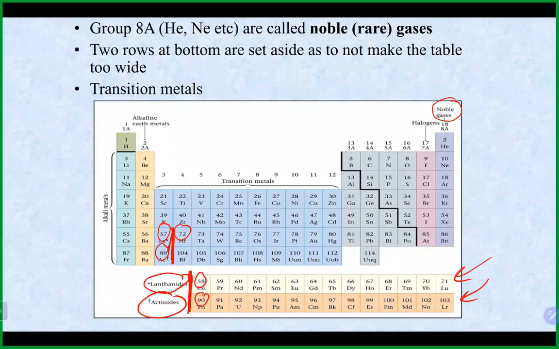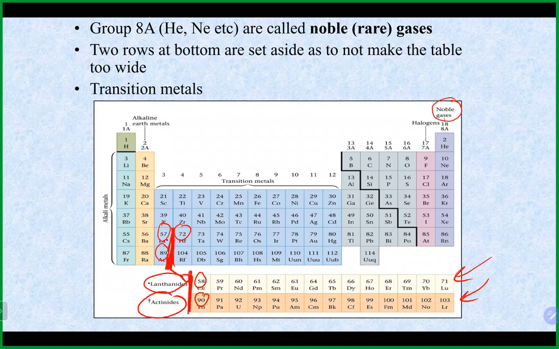So these two rows technically should go right there between those two elements. They typically don't do it because it makes your periodic table much too wide. So they put it at the bottom. That's where you find a lot of radioactive elements and a lot of man-made elements, on those two bottom rows. They're called the lanthanide and actinide series because that's technically who they follow on the periodic table.